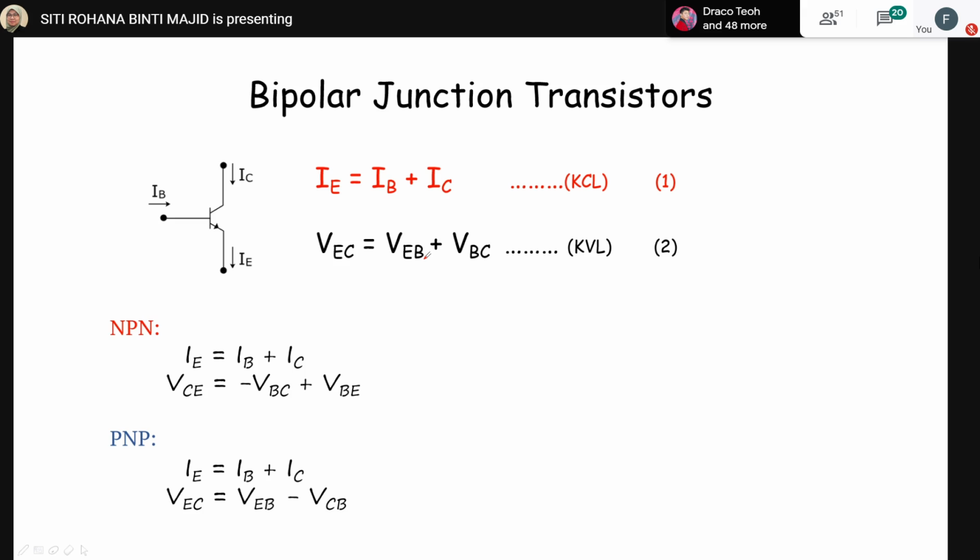In NPN, the collector and emitter are N to N, but in PNP the collector and emitter are P to P. So the notation is slightly different: in NPN, the equation is VEC equals VBE minus VBC, but for PNP, VEC equals VEB minus VCE. Okay, any questions?